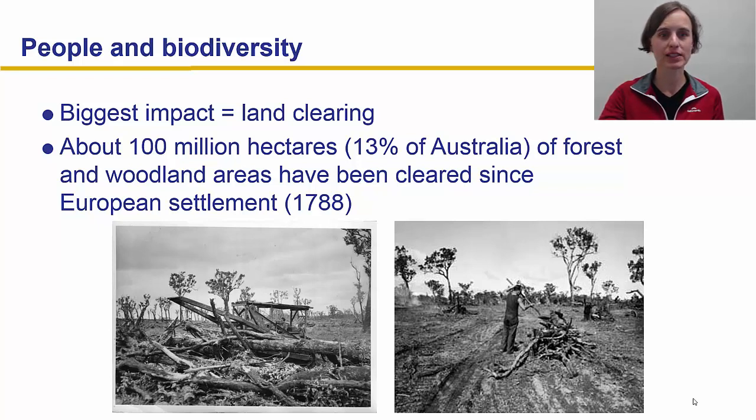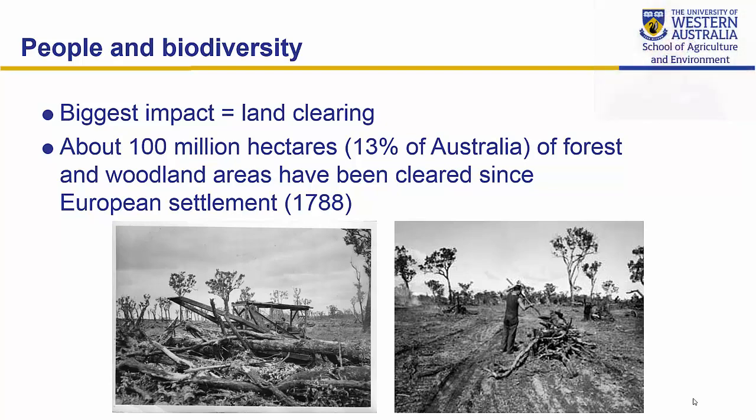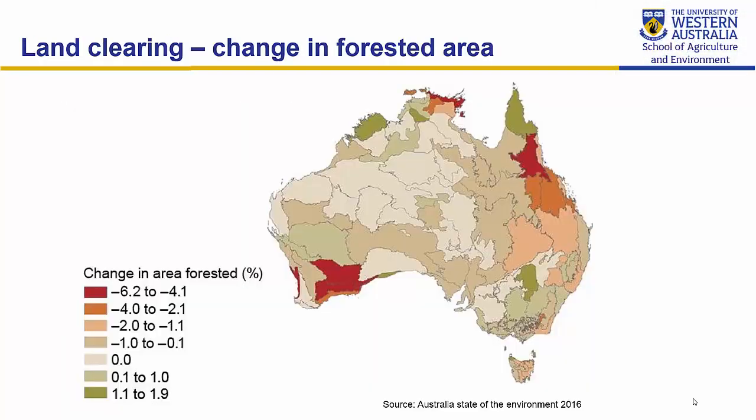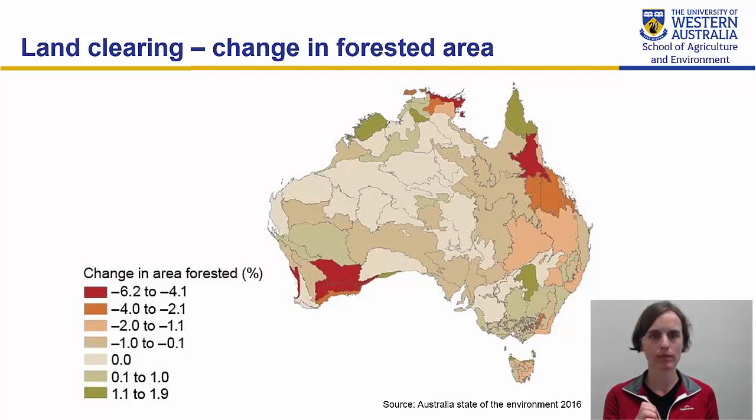So the first way to present this land clearing will be in maps. What I want you to be able to do after this lecture and after this unit is look at maps and be able to interpret them. So look at the title of the map and the legend to see what you're looking at.